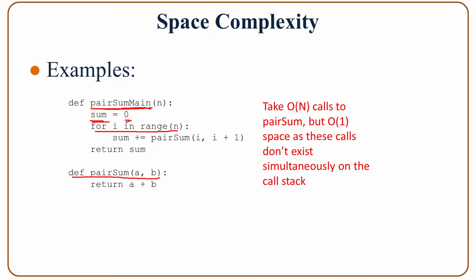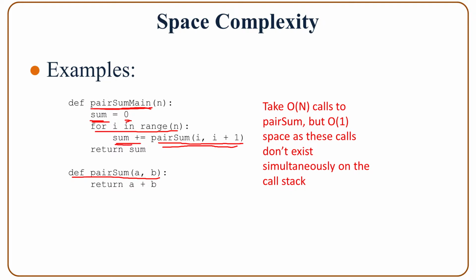Pair sum returns the sum of 2 consecutive elements. The return value is then added to sum.